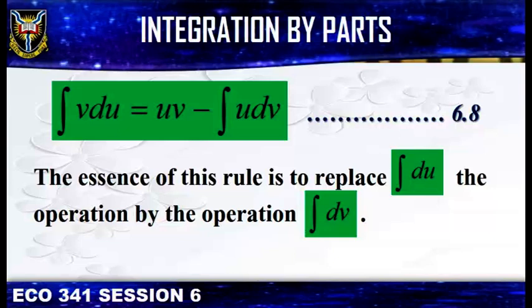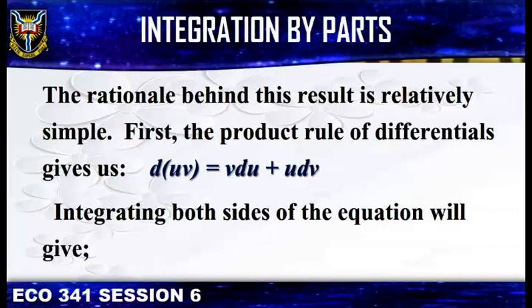Equation 6.8. The essence of this rule is to replace the operation integral v du by the operation integral u dv. The rationale behind this result is relatively simple. First, the product rule of differentials gives us d(uv) is equal to v du plus u dv.